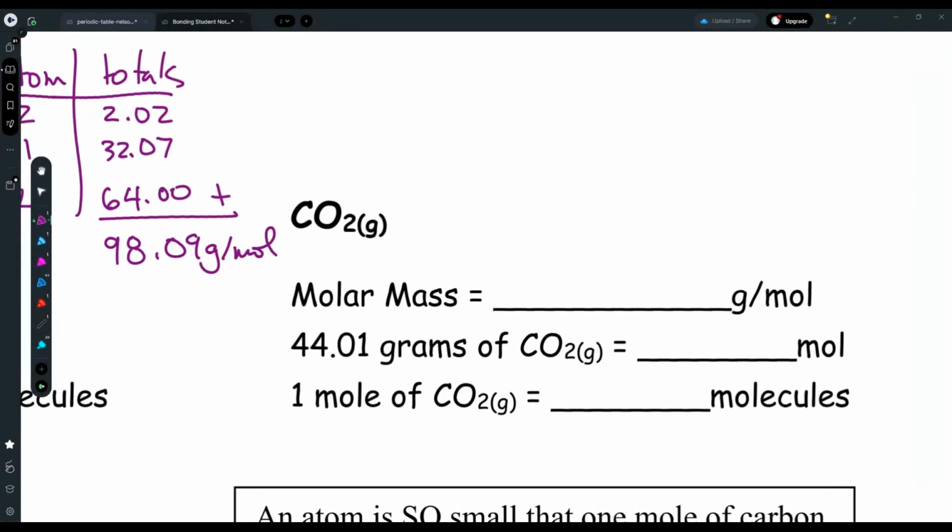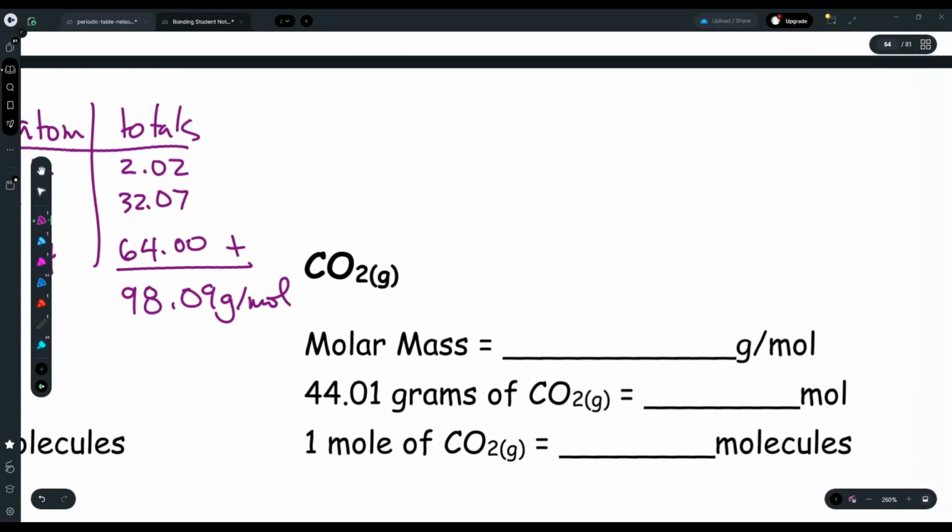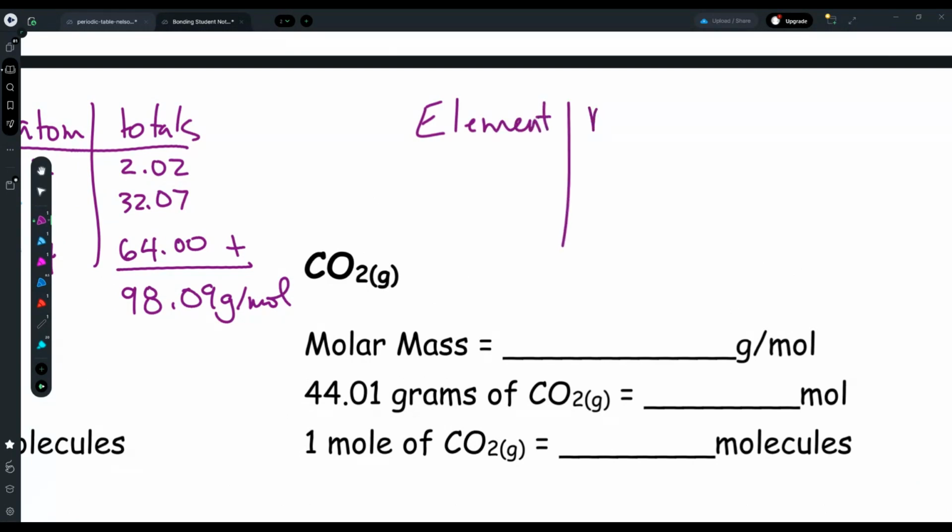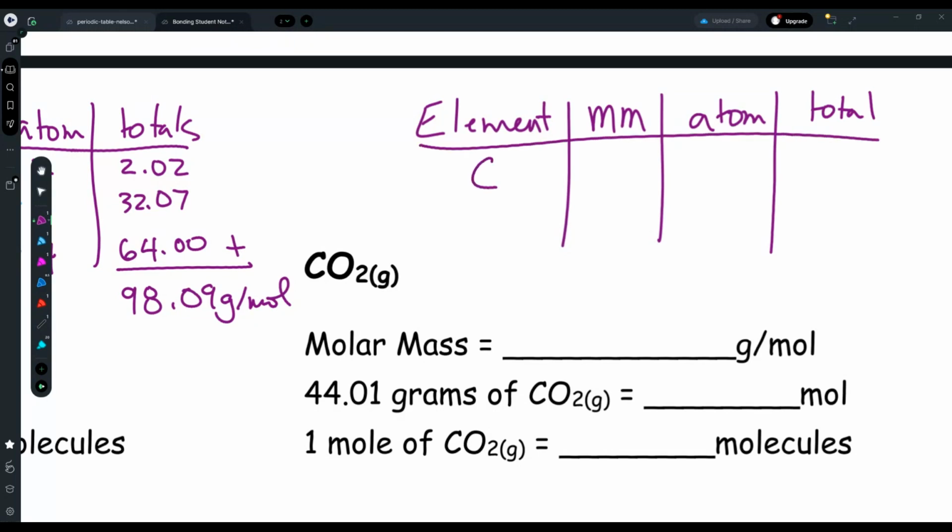Now, with carbon dioxide, let's figure out the molar mass here. So I'll do that chart again. Okay, so we have carbon, we have oxygen. The molar mass of carbon is going to be 12.01. Molar mass of oxygen is going to be 16.